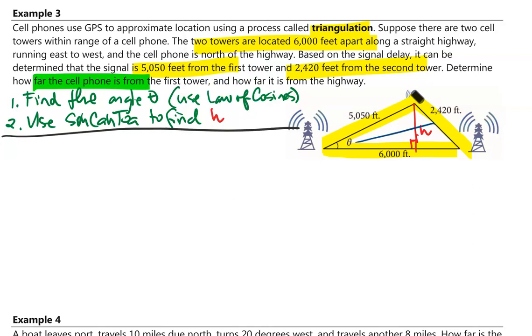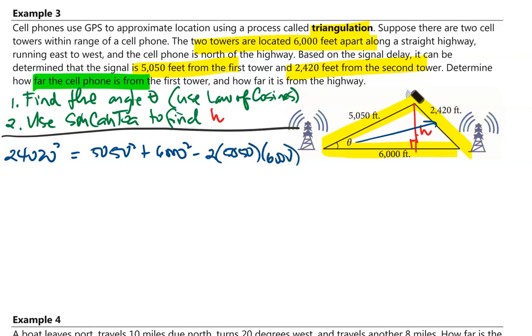Angle theta, opposite of that is 2,420. So we use 2,420 squared is equal to the other two sides, 5,050 squared plus 6,000 squared minus 2 times 5,050 times 6,000 cosine of theta. So we want to isolate theta.